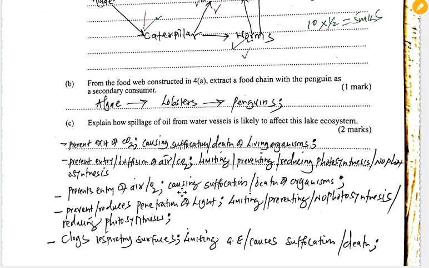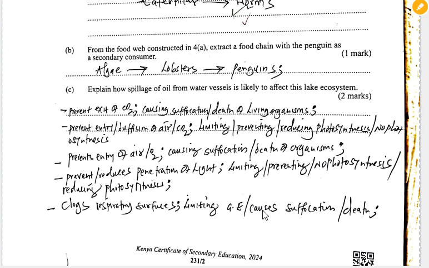Then it also prevents entry of oxygen, thus causing suffocation or death of organisms. It also prevents or reduces penetration of light, thus reducing photosynthesis. Then it clogs respiratory surfaces, for example the gill filaments, thus limiting gas exchange or causing suffocation and eventually death.